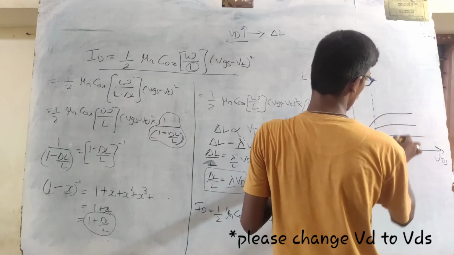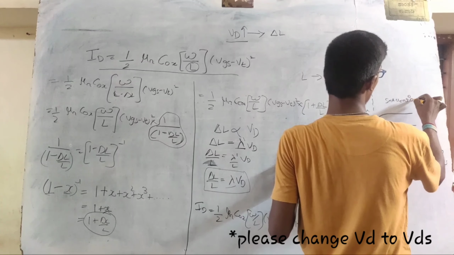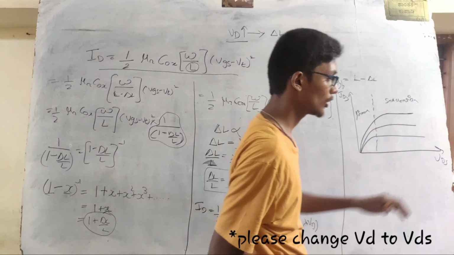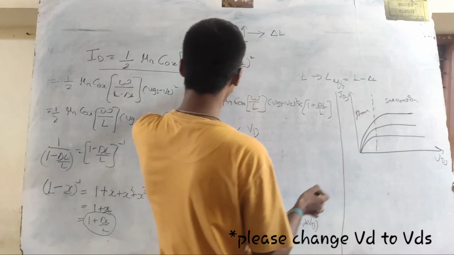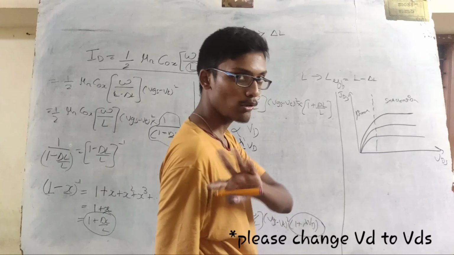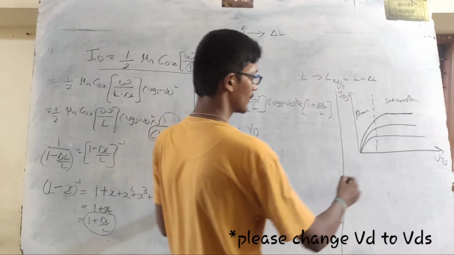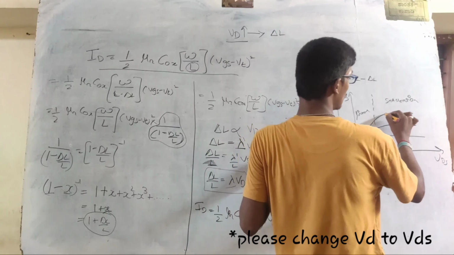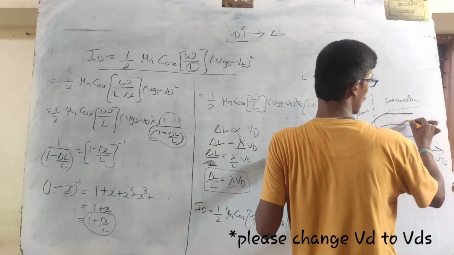Let's consider this is the linear region and this is the saturation region, where we have studied that ID will be constant when the MOSFET reaches the saturation region, because the term 1 plus lambda into VD was not considered. But now when this term occurs, ID won't be constant. ID will be a little bit higher and will not be constant.